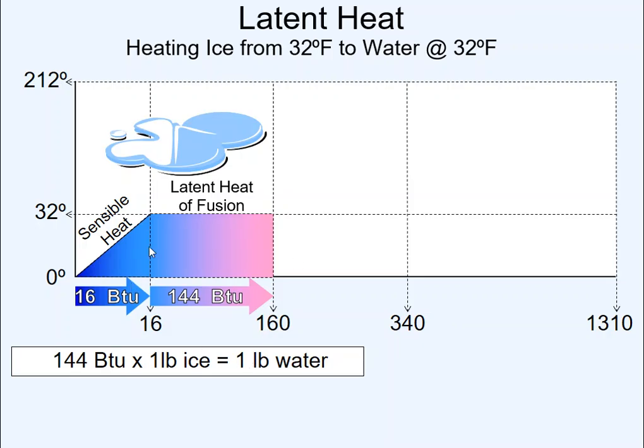In this graphic, it takes only 16 BTUs to get ice from 0 degrees to 32 degrees. But to melt that same ice from 32 degree ice to 32 degree water, it takes 144. So you can see that the latent change absorbs or rejects a lot more heat than the sensible does. Just the temperature change alone isn't enough to catch the kind of heat that we need to carry.